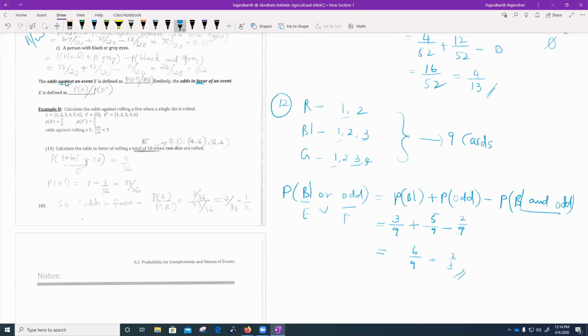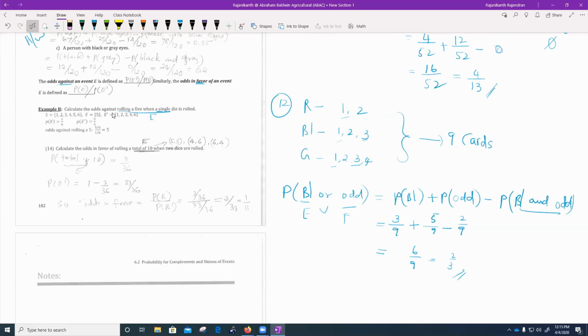Okay, so now let's look at example B. Calculate the odds against the event. First of all, you have to figure out your event E. You are rolling a single die.